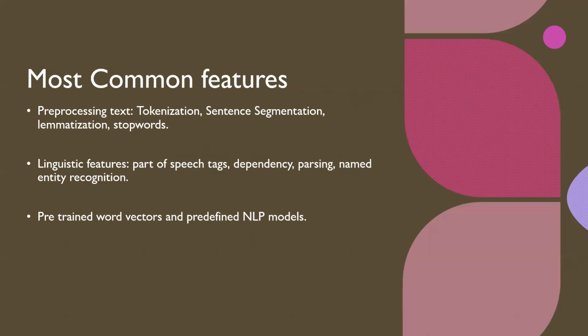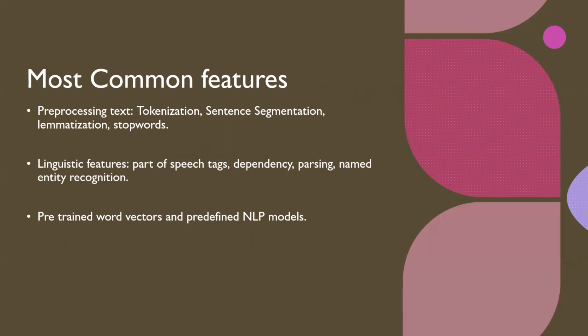For linguistic features, we have part of speech tags, dependency parsing, and named entity recognition. And we also have pre-trained word vectors and predefined NLP models that exist within the spaCy library. Now I'm going to show some of these features and show how they may be used using spaCy.